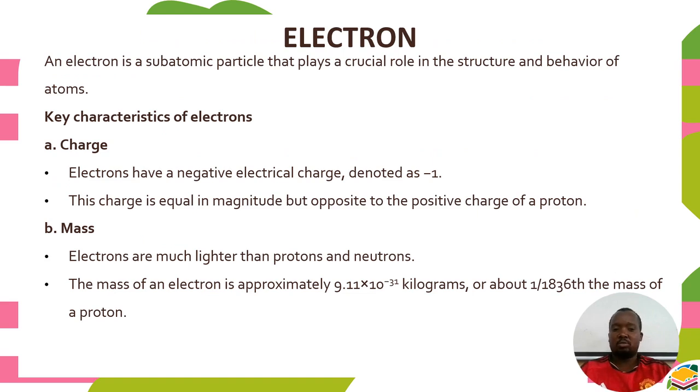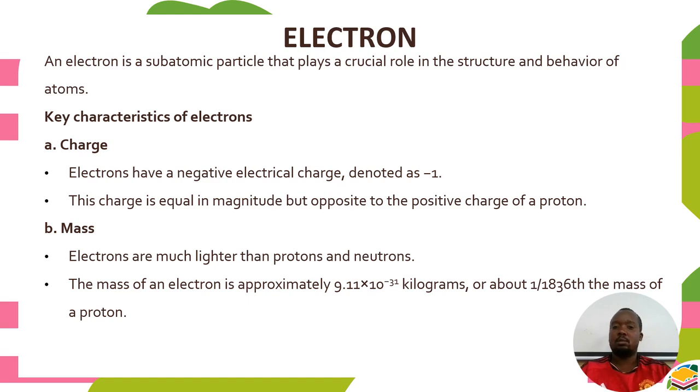What about an electron? The key characteristics of an electron include charge. Electrons have a negative electrical charge, denoted as -1. Remember, the protons are positively charged, denoted +1.